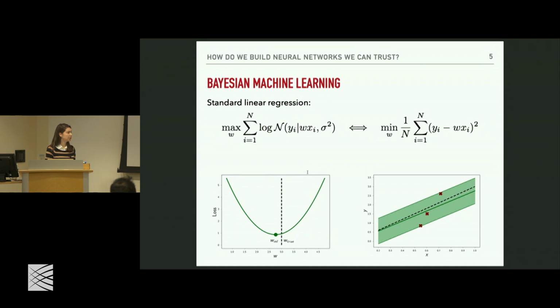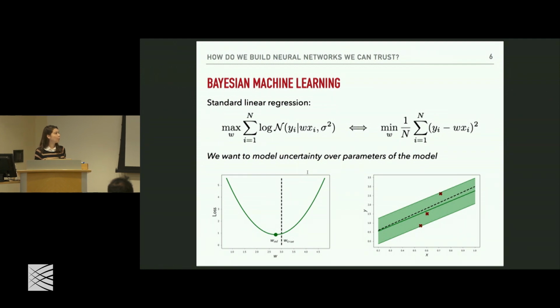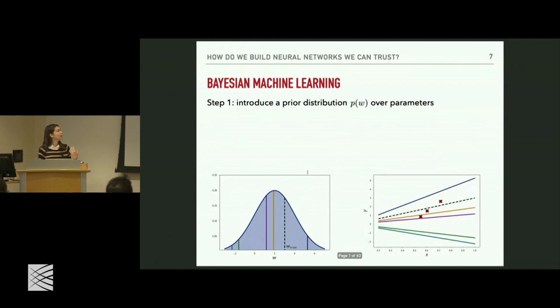However, by choosing to model our function with only one parameter, w ML, we are discarding all of this information about uncertainty in our parameters.